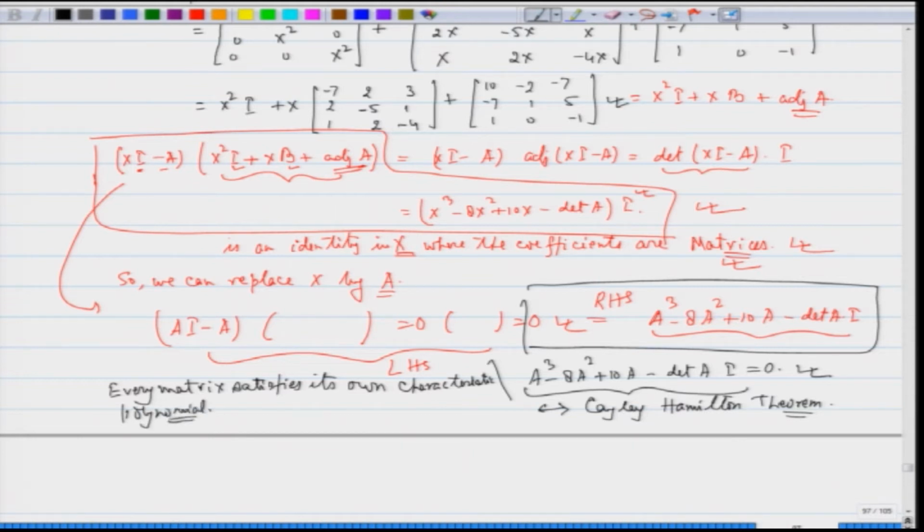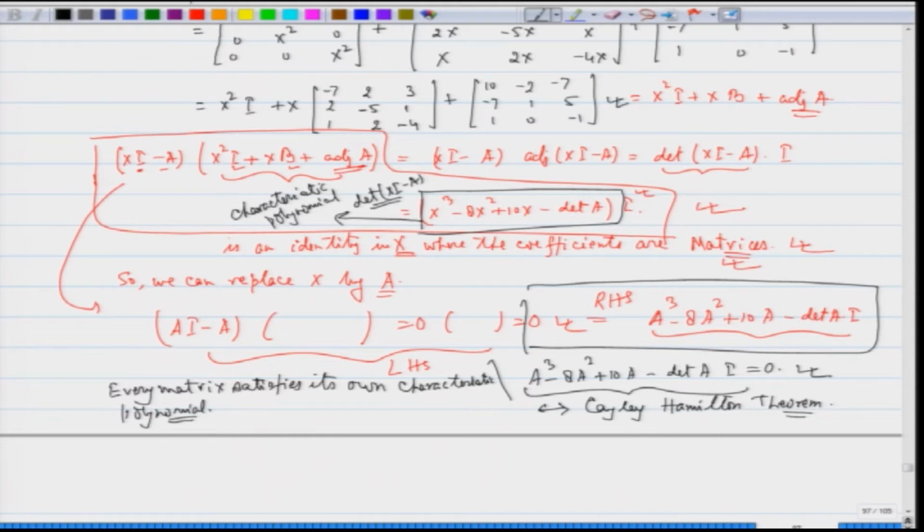So, in this example, this is the characteristic polynomial, the same as the determinant of xI minus A.